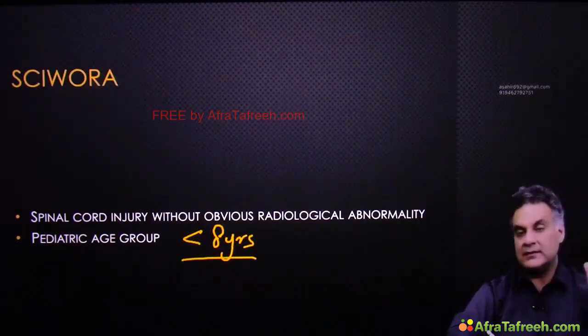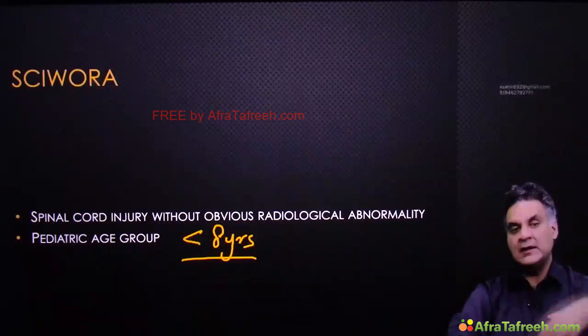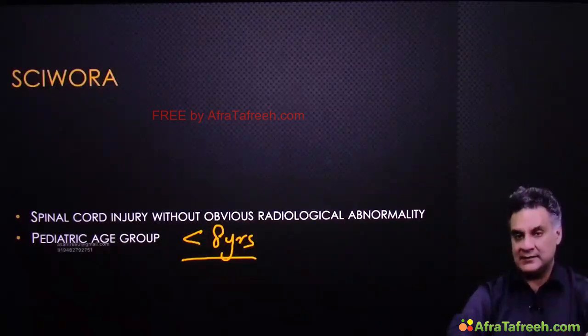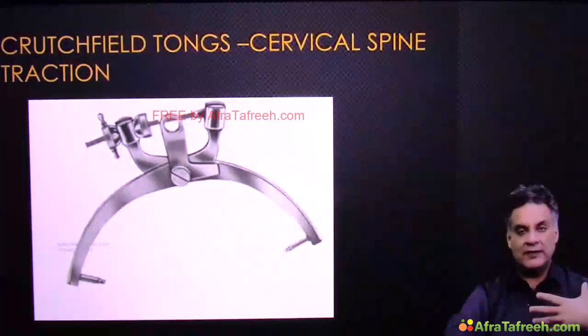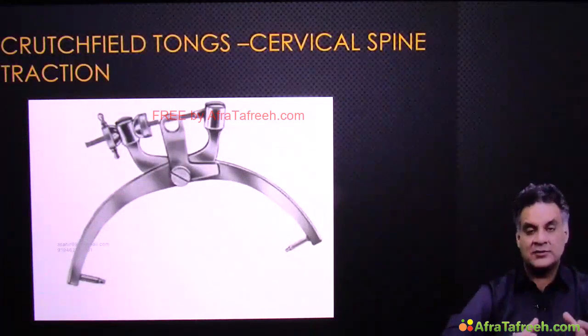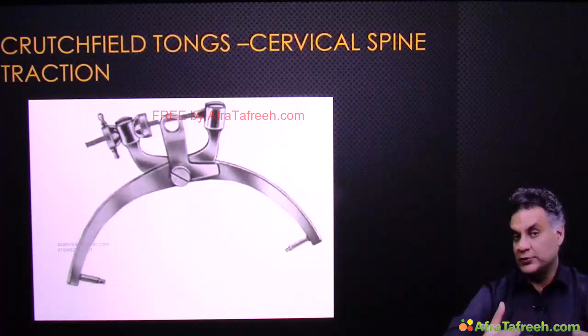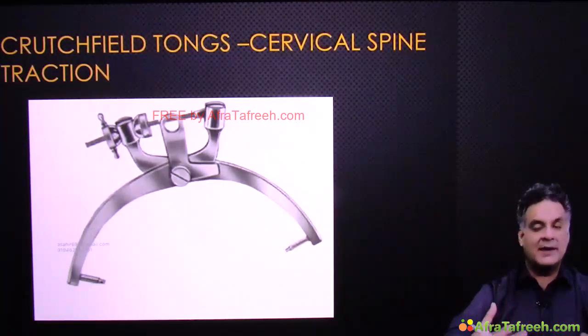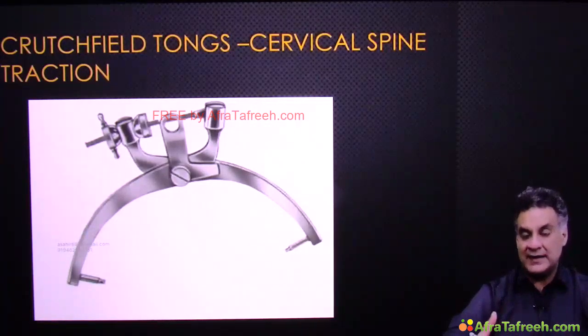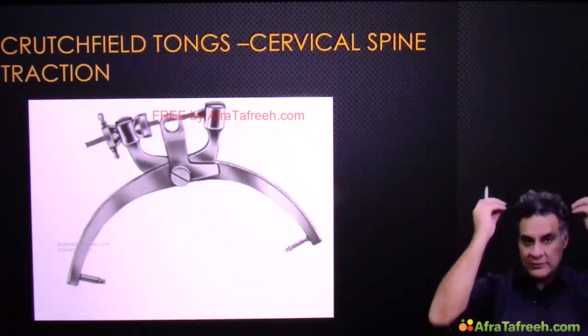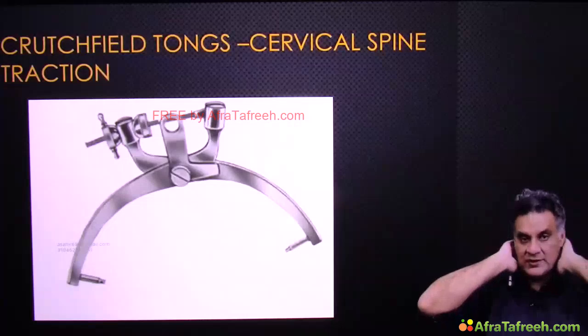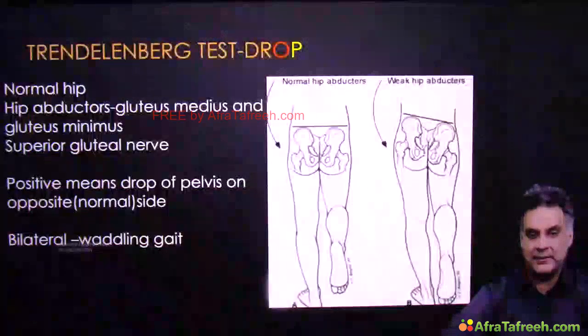So X-rays are normal, but they have spinal cord injury, so can be picked up on MRIs. When you have to give a traction to the cervical spine, or you want to reduce a fracture or immobilize a patient, you apply the Crutchfield tongs over the skull, but the traction is given for the cervical spine.